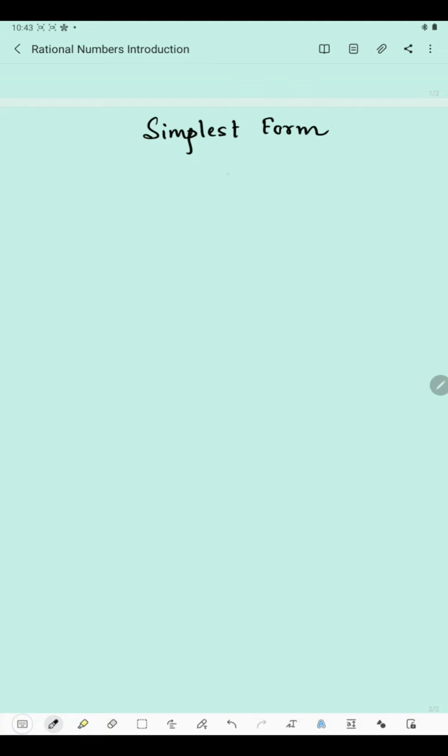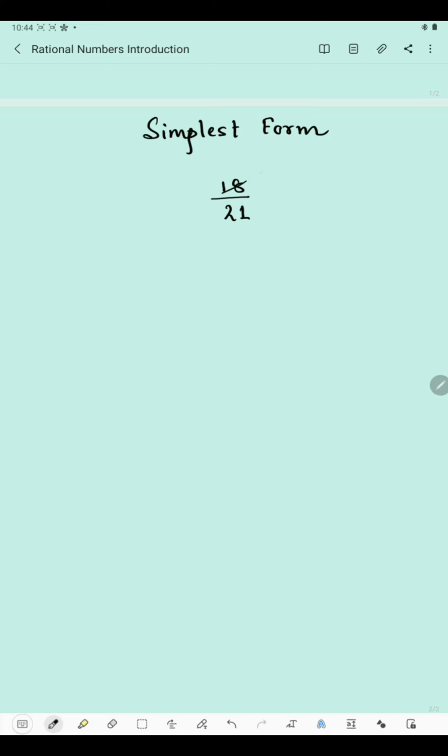Now if I take the number, say 18 by 21. Simplest form means, if we convert it into lowest form or standard form, we need to cut the numerator and denominator by the same number. So we will have to check in which tables these two numbers come.